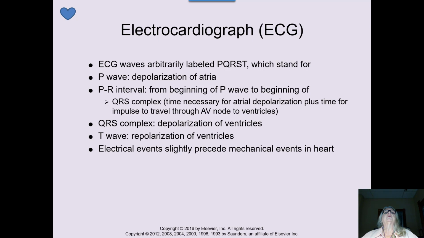There are many problems with the electrical systems of our hearts, and we're learning more and more about that as we go. When you are taking an ECG or EKG, there are waves that are labeled PQRST. Now it gets kind of confusing because this is also how we remember how to evaluate pain.